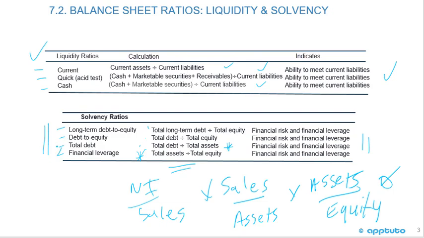So you shouldn't have any problem remembering the financial leverage. It comes from the DuPont. We use it in the DuPont equation as well. Again, the return on equity equals net income over sales, sales over assets, assets over equity. We cross out the sales, we cross out the assets. We've got net income over equity, which is the return on equity.